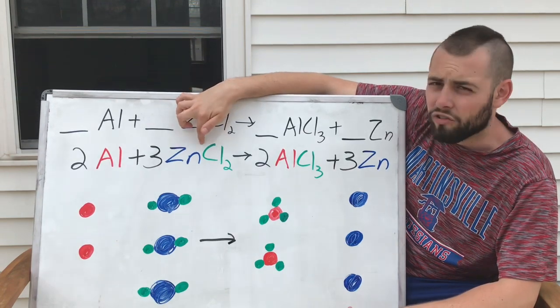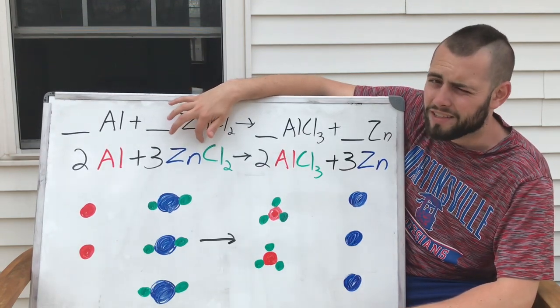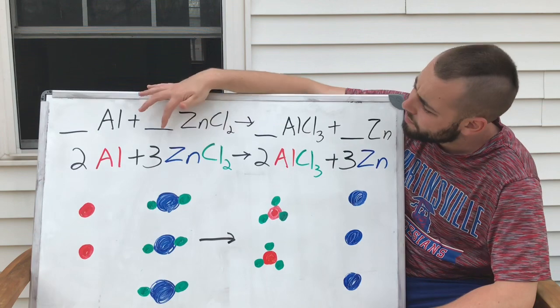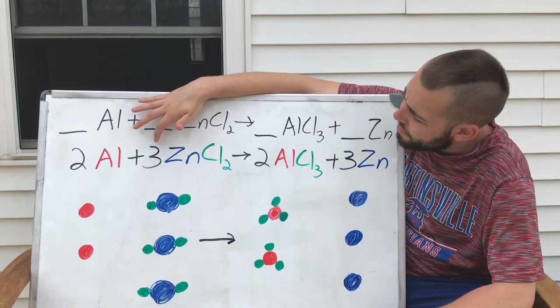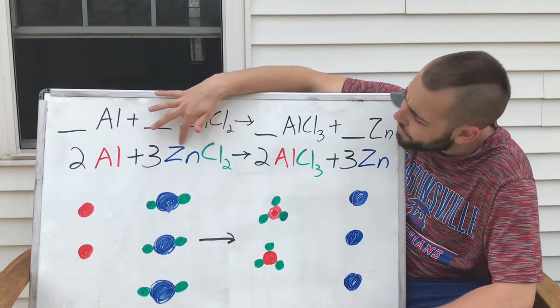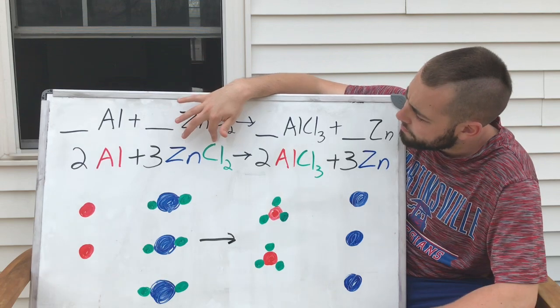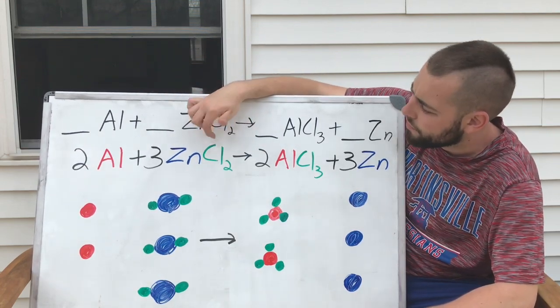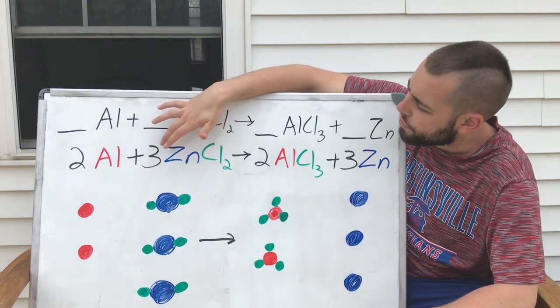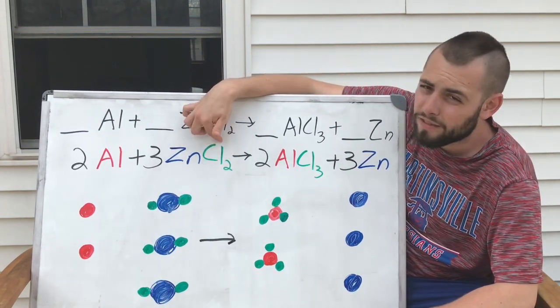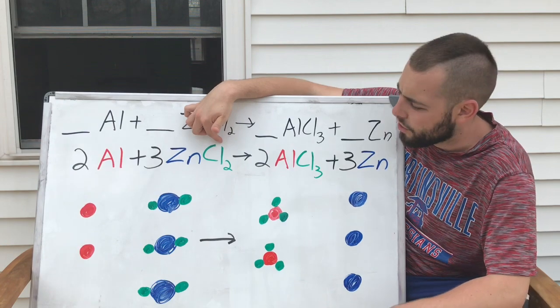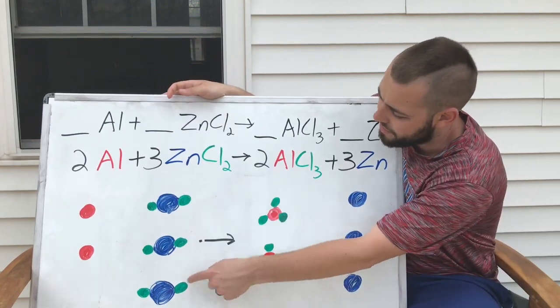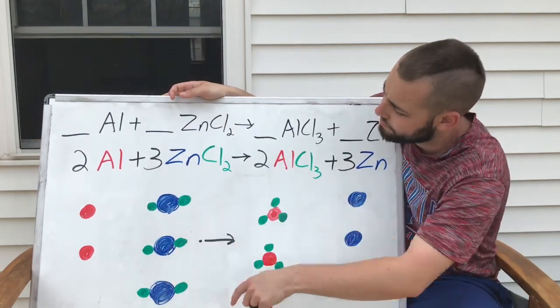But then this second reaction is balanced. It follows the law. If I've got 3 molecules of zinc chloride, each molecule has 2 atoms of chlorine. So 3 times 2 gives me 6 chlorines total. I can also count these green dots here, 6 chlorines.